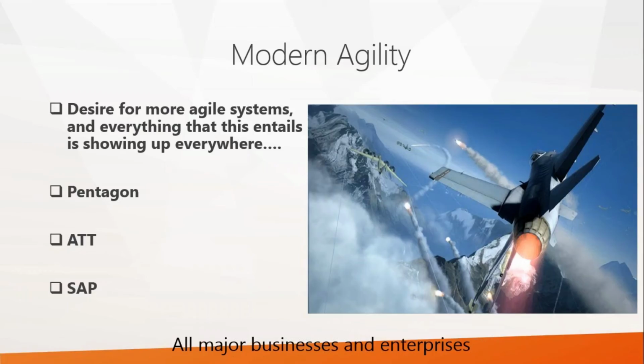So lots and lots of industries are kind of coming on board, and I think this is a very timely topic for all of us. And it's been rather fascinating putting it together. So we can say all major businesses and enterprises are now, in one way or the other, getting involved or at least becoming interested in this idea of modern agility.